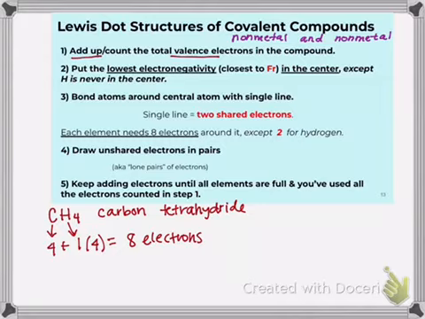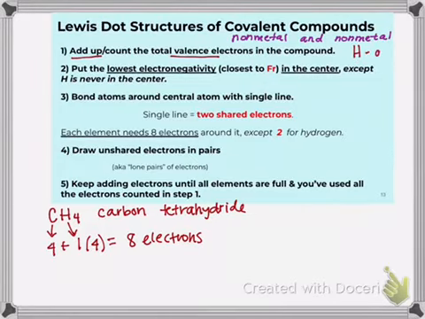Now, when I draw the structure, I cannot exceed 8 electrons. So I have to abide by how many electrons are in the structure, as well as making sure that everybody receives an octet. Okay? Now, there are some exceptions to the octet rule. One of them is hydrogen. Hydrogen doesn't need an octet.